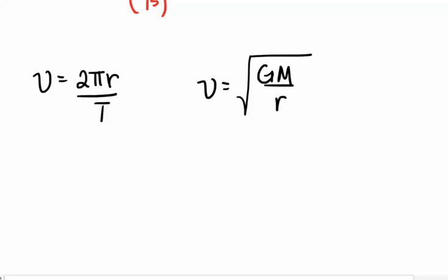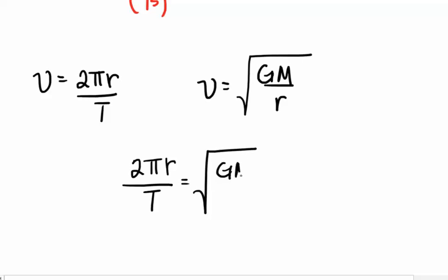What do you think? Yeah. So let's set 2 pi r over period equal to the square root of GM over r. So let's solve. What's something that would be pretty easy for an astronomer to measure if they're watching a moon go around a planet?